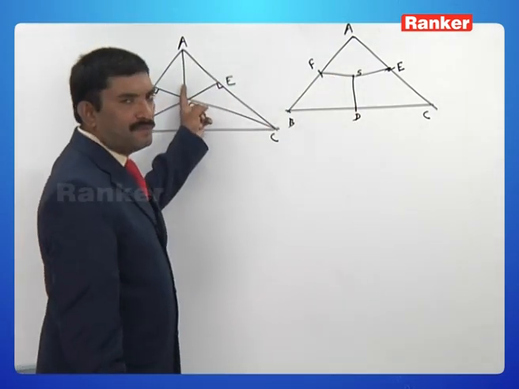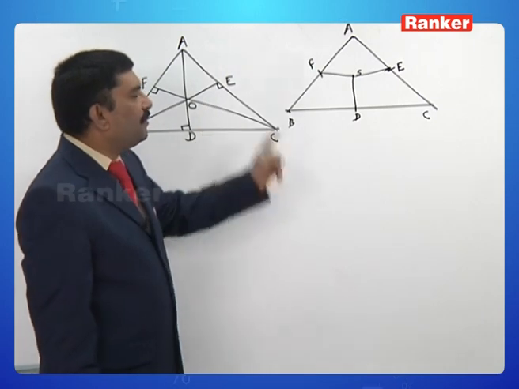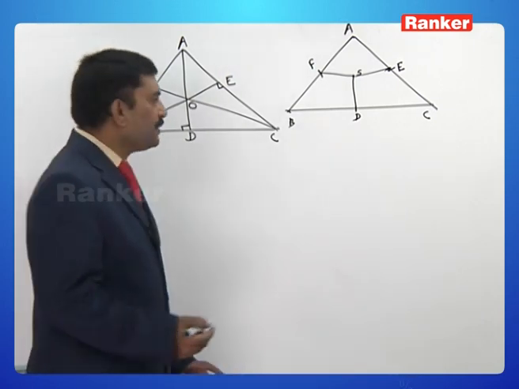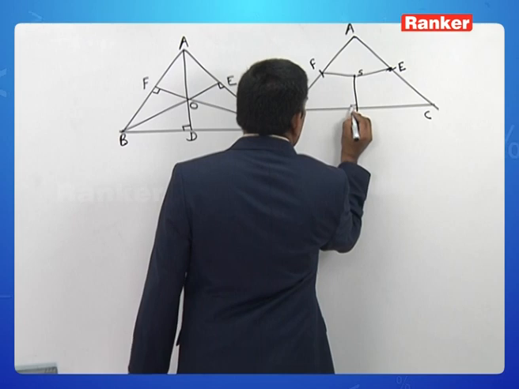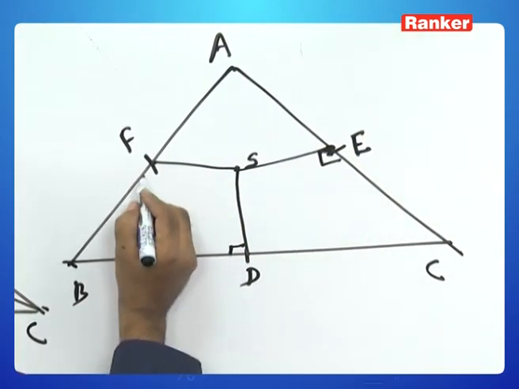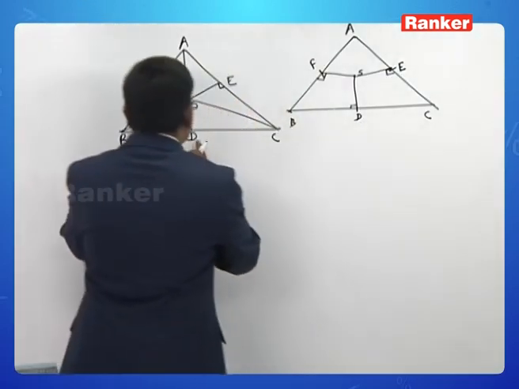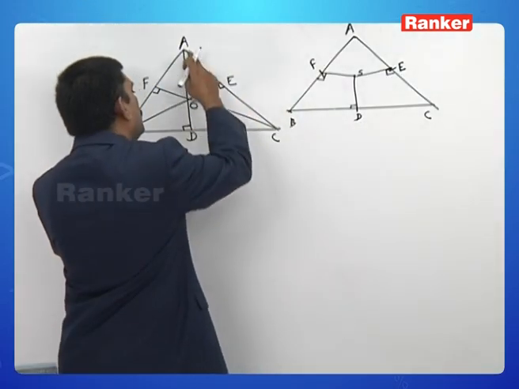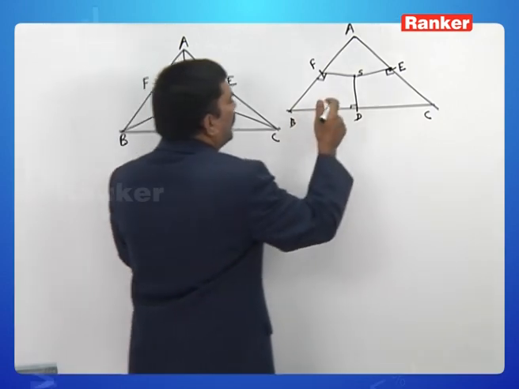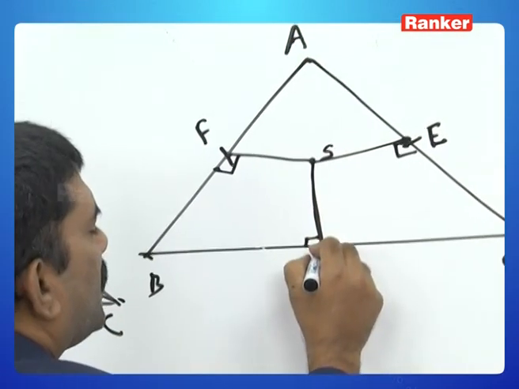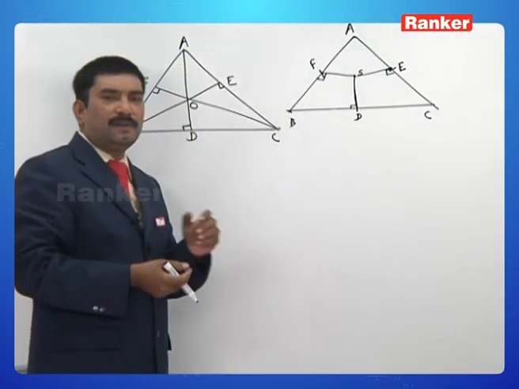These are the altitudes. The perpendicular bisectors never pass through the opposite vertex. This D is a perpendicular, this is also perpendicular, this is also perpendicular. But it's a midpoint and perpendicular. But here it is only perpendicular. Altitudes never meet at the midpoint, but only perpendicular bisectors meet at the midpoint and they are perpendicular to each other.